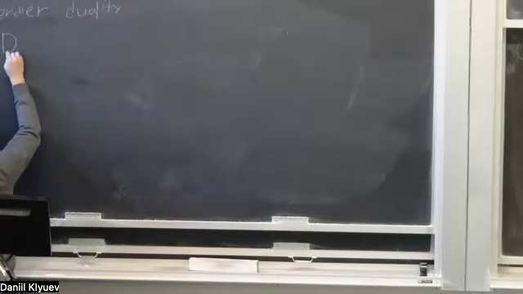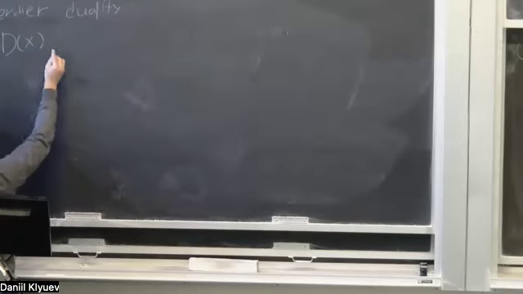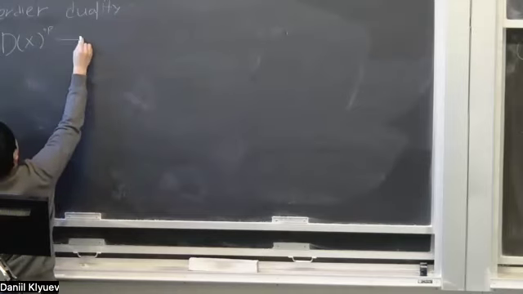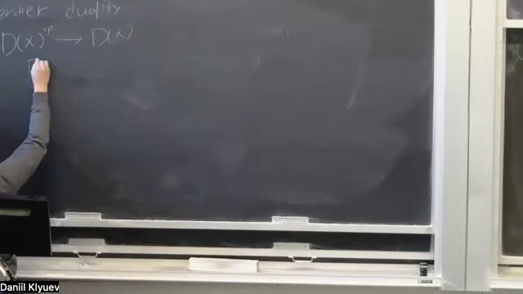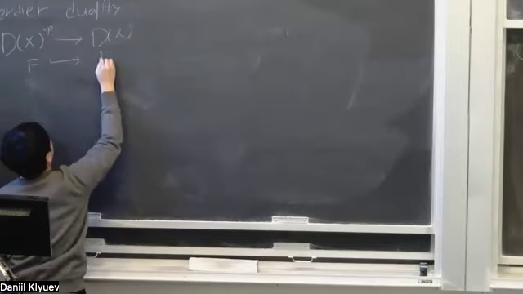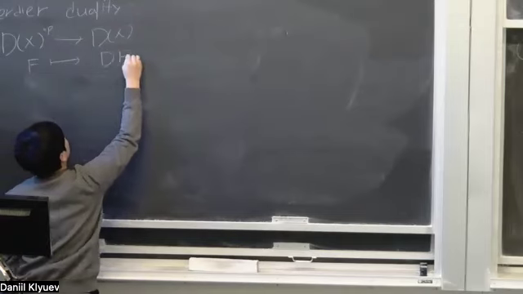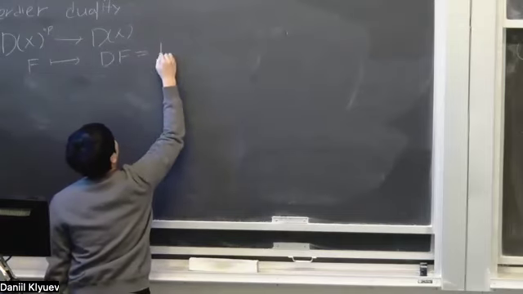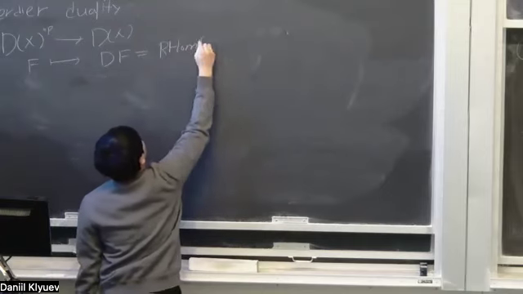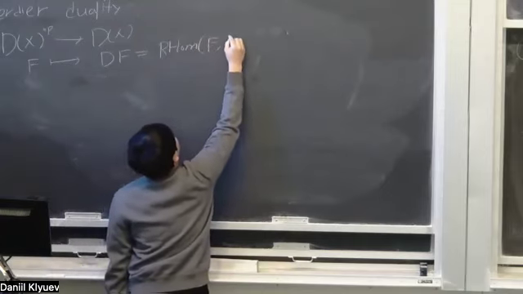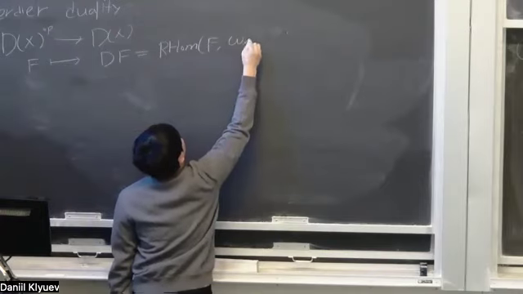We have a functor from D(X) to D(X), given by mapping F to DF, which is defined by Hom of F to omega_X.